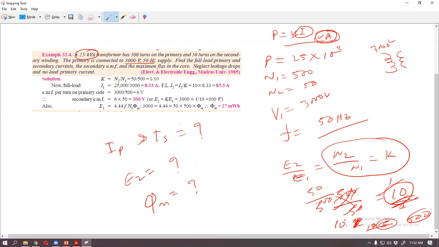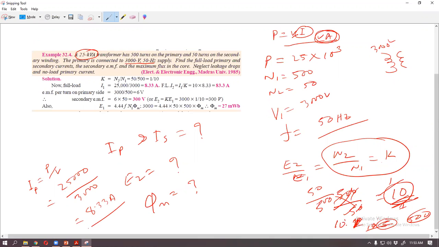And current, you know that I is equal to P by V. So P is equal to 25,000 and V is equal to the primary voltage, 3,000. So the primary current IP, or I1, is equal to 8.33.